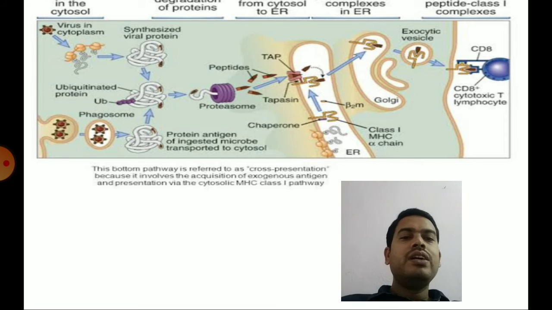So tapasin is a chaperone that plays an important role in the assembly of class 1 MHC molecule and the antigenic peptide, from where the class 1 MHC molecule with antigenic peptide will enter the Golgi complex. From there, as a vesicle, it will be transported onto the transmembrane region. So MHC class 1 now contains the processed antigenic peptide, which it will present to CD8 receptor containing cytotoxic cells. This is how the endogenous antigens are processed by the cytosolic pathway by class 1 MHC molecule.